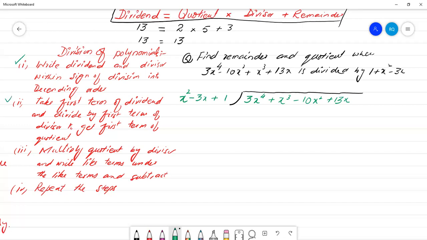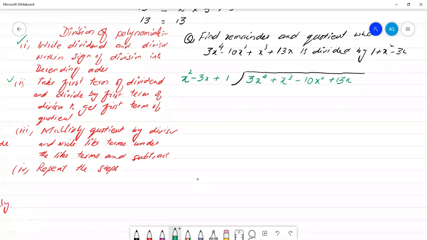Now what's the second step? Second step is take the first term of dividend and the first term of divisor and divide. So I will take the first term 3x raised to power 4 divided by the first term x square. After cancellation you will get 3x square.